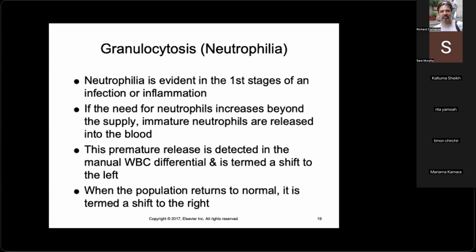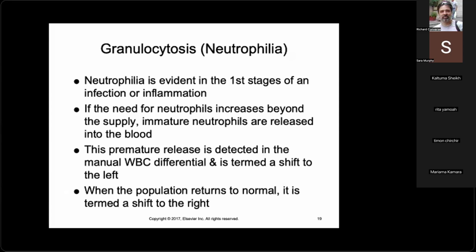Granulocytosis is a condition that occurs when there are too many granulocytes, which are part of our innate immunity, right? The neutrophils, the eosinophils, the basophils. They help the immune system fight off foreign invaders such as bacteria, viruses, fungi, parasites, and they can be caused by a lot of different conditions, including infection, autoimmunity, bone marrow disorder, and blood cell cancer.